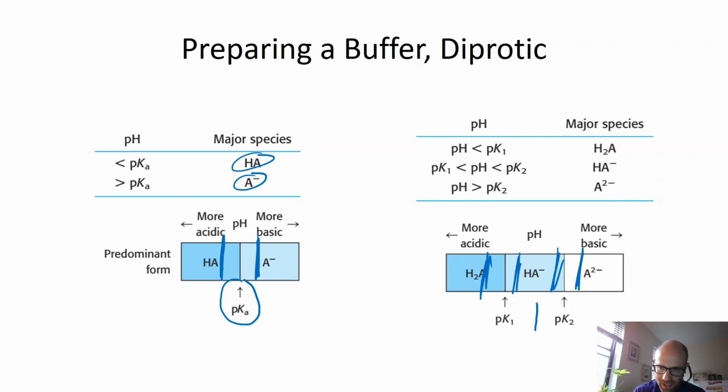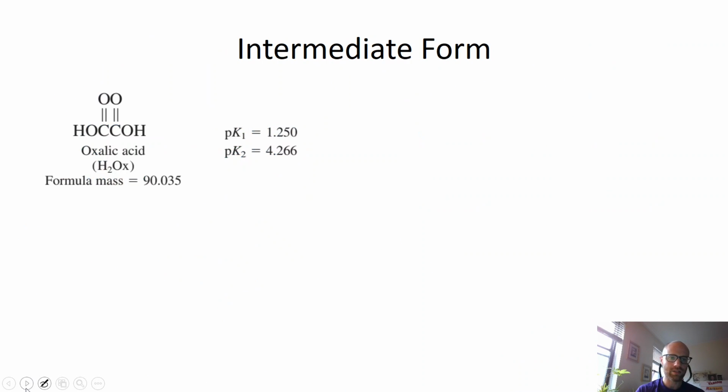And then this pH right here is the average of the pK values. So working our way back to oxalic acid, I know that the average of these two values is going to be 2.758.